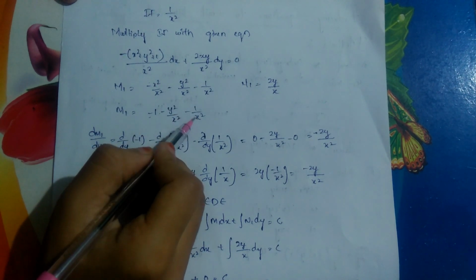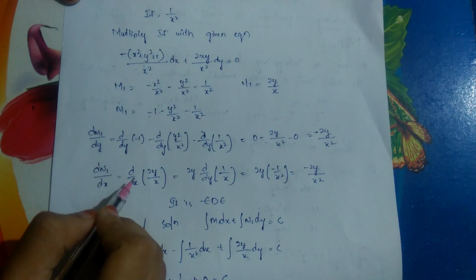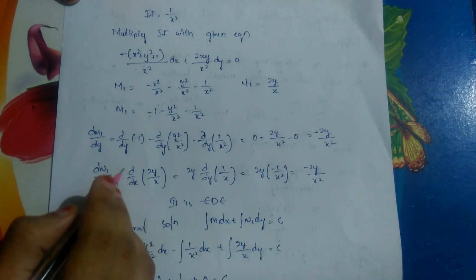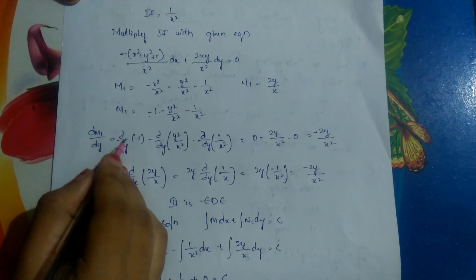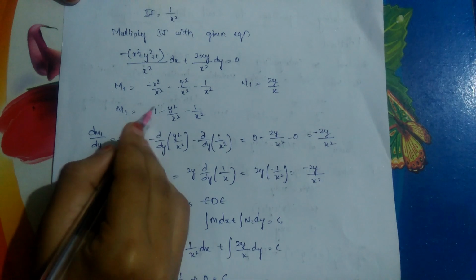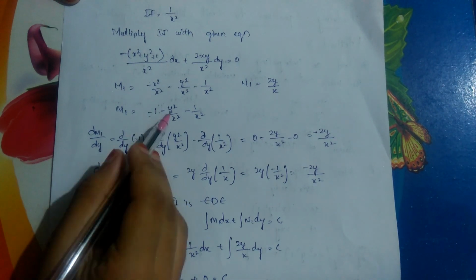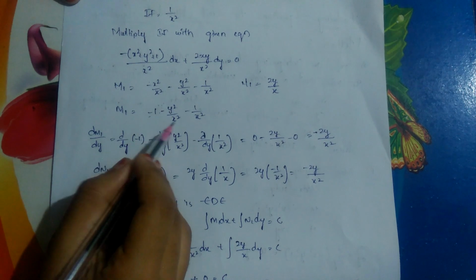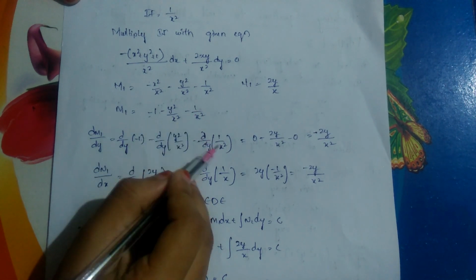Now we have to find dou m1 by dou y and dou n1 by dou x to check whether it is exact or not. So dou m1 by dou y is equal to dou by dou y of the first term, that is minus 1, minus differentiation of the second term, that is y square by x square, minus differentiation of the third term, that is 1 by x square.